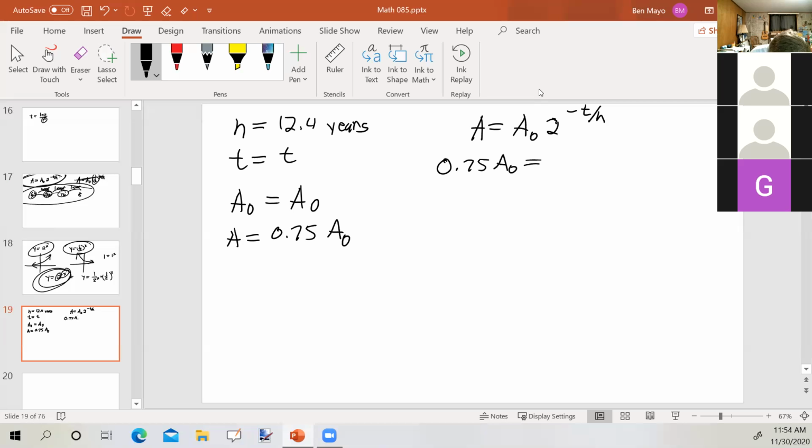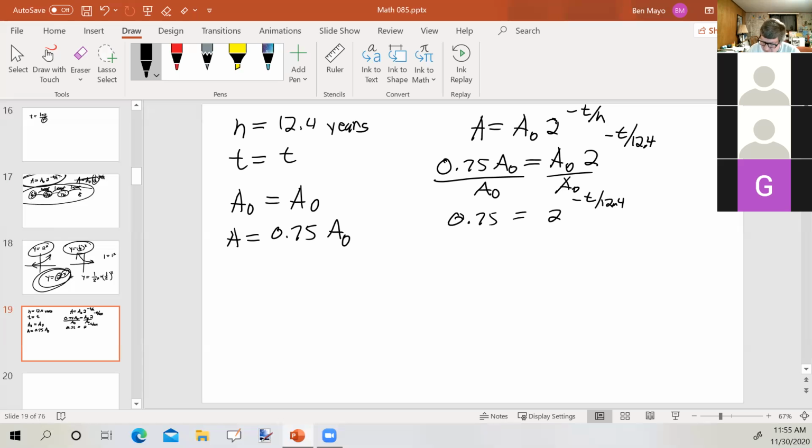0.75 A sub 0 equals A sub 0 times 2 to the negative T divided by 12.4 power. All right. My next step is going to be to divide both sides by A sub 0. So then I get 0.75 equals 2 to the negative T over 12.4 power.